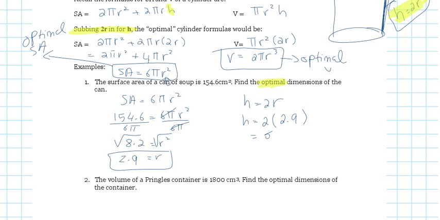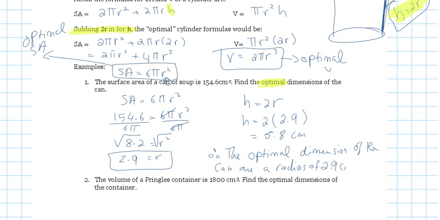So I'm going to say, therefore, the optimal dimensions of the can are a radius of 2.9 centimeters and a height of 5.8 centimeters. Are we okay with this?